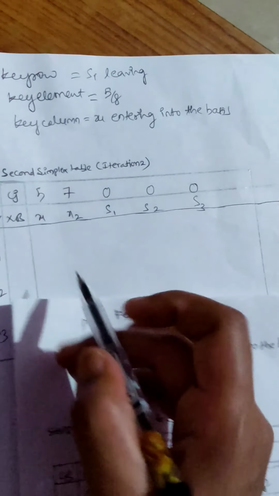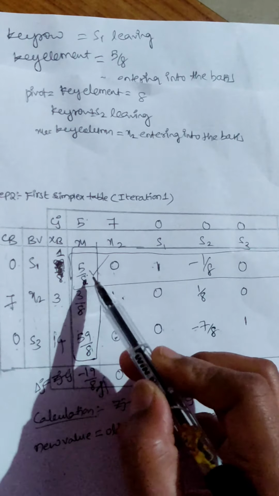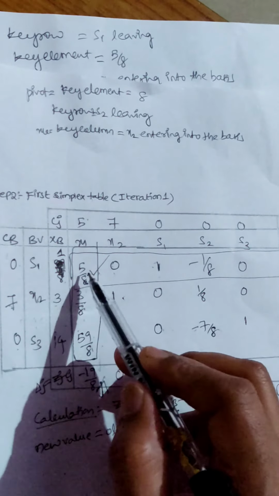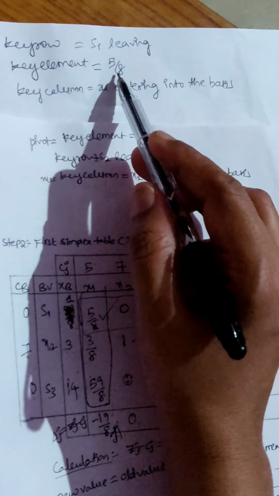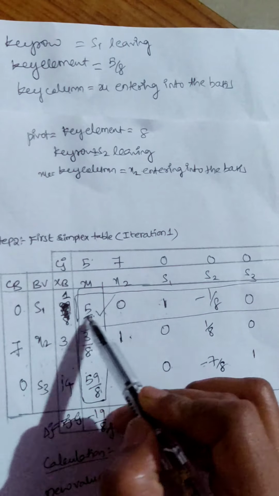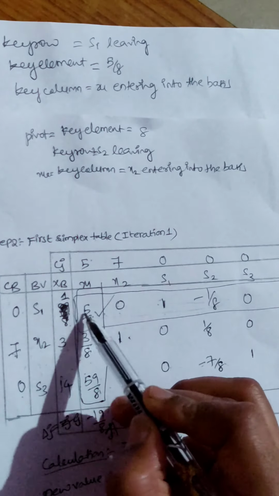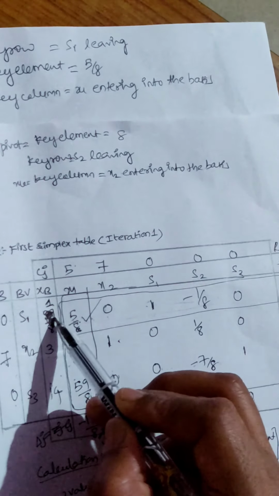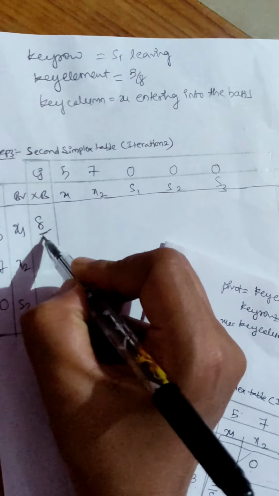Next write this table's values by the key element. That is, in the first simplex table 5 by 8 is our key element. Convert this element equal to 1 by dividing by the same element. That means this entire row will be divided by the same element 5 by 8. That is 1 by 5 by 8 is 8 by 5.